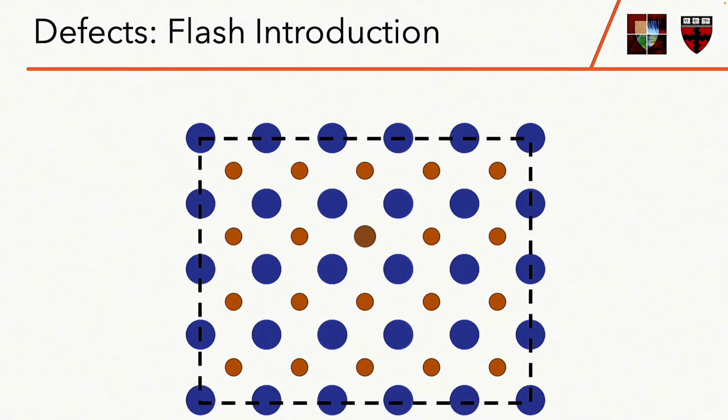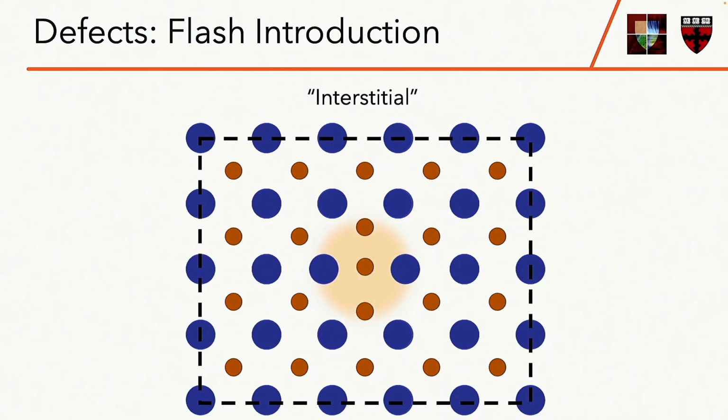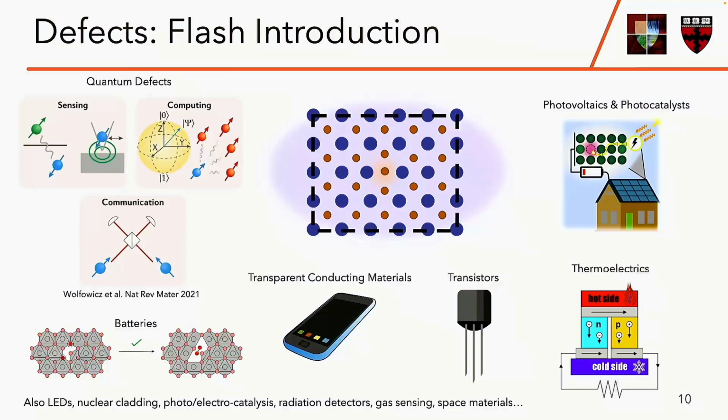We can also have substitutions, where we have a chemically dissimilar atom at the site of another species, or we can have interstitials, so we have an additional atom located in the interstitial voids within our host framework. The presence of these defects in materials, whether unintentionally or intentionally, in which case we'd call them dopants, can drastically affect the overall properties of materials, and this is important across a wide variety of applications.